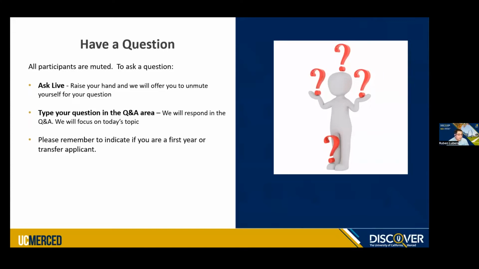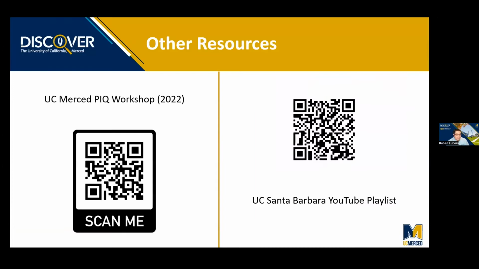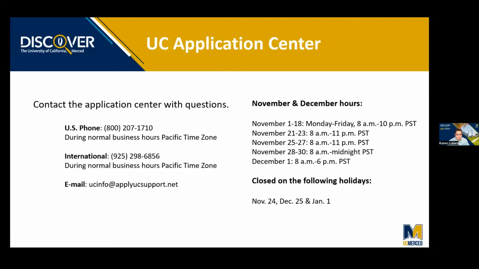A reminder of how to ask your questions will show up every so often, and then other resources that we have for you as well, including our PIQ workshop that we did last year. When we do ours, I think next week, we'll have that one for you as well. And then UC Santa Barbara has a bunch of videos on the application as well. So if you have a question and we're not available, feel free to check those out.